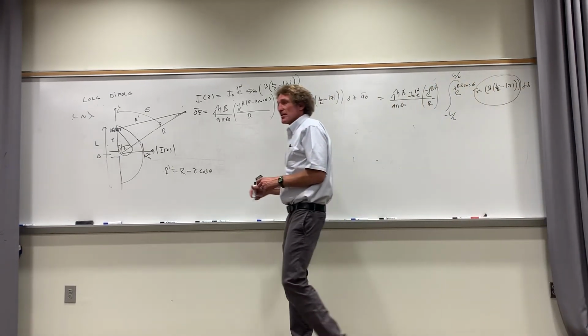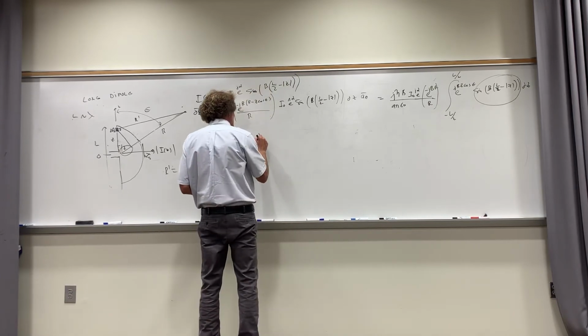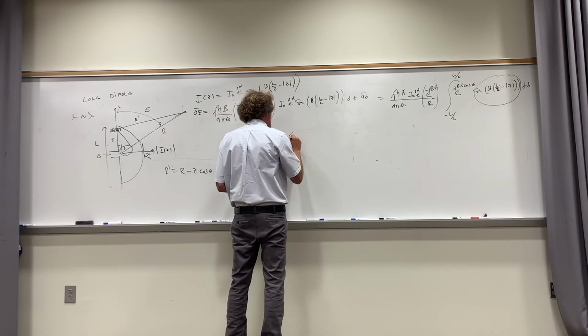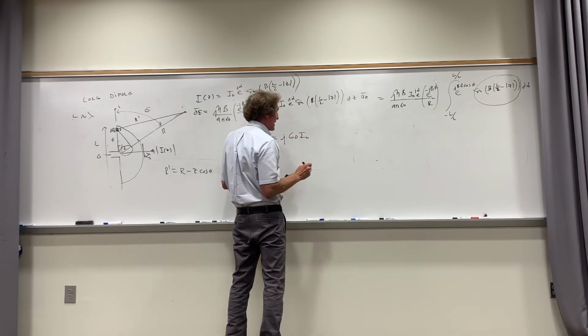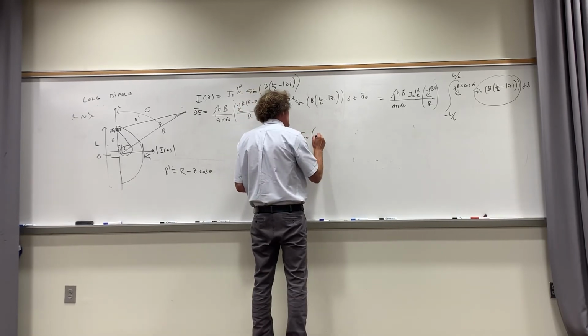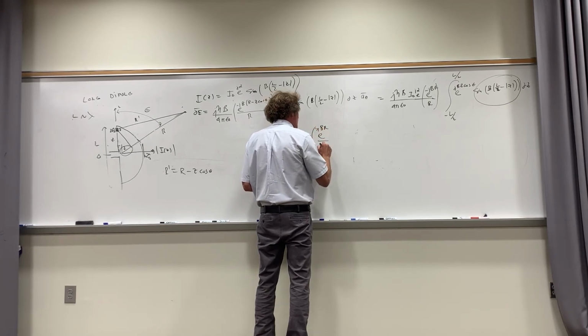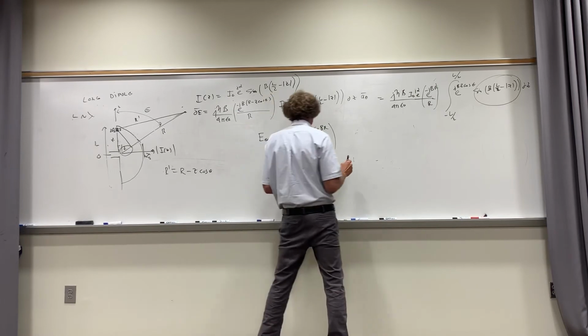When all's said and done, you're going to get an electric field. Write this down. You're going to get an E field in the theta direction that's equal to j times 60 I naught. That's the magnitude. And then it's going to be times e to the minus j beta r over r. This should be in his book.